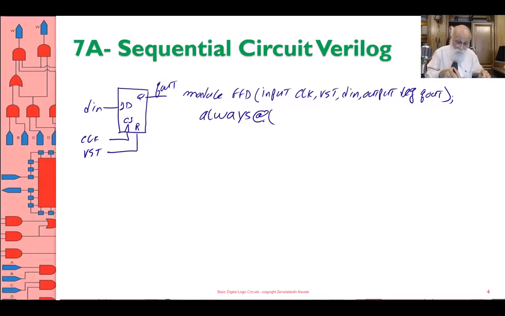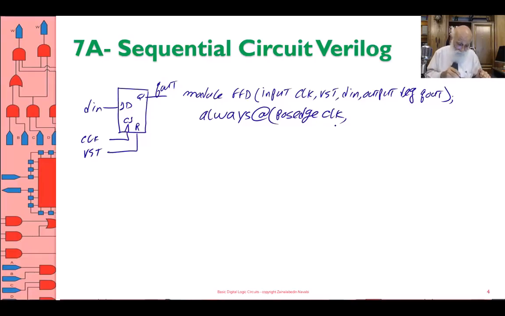So I say always at, okay, I decided I want a flip-flop or a register. So I say posedge or negedge clock. Once I do this, I call this one a sequential always statement, meaning an always statement for describing a sequential component.